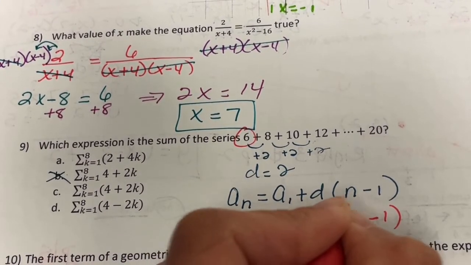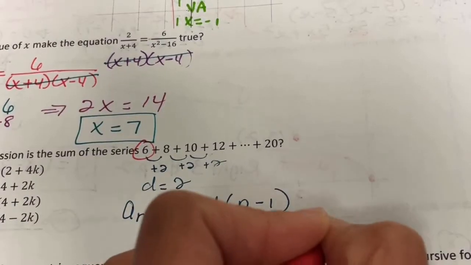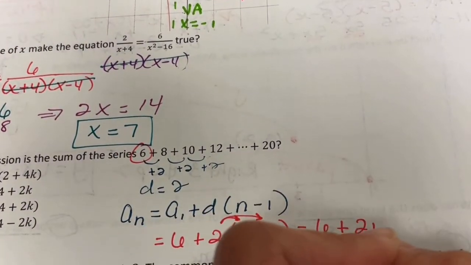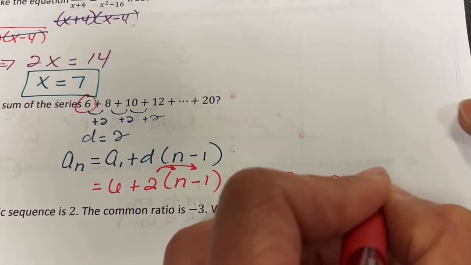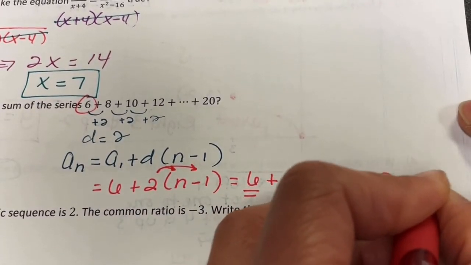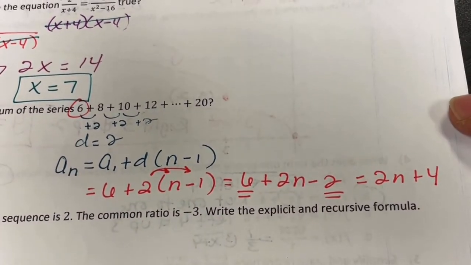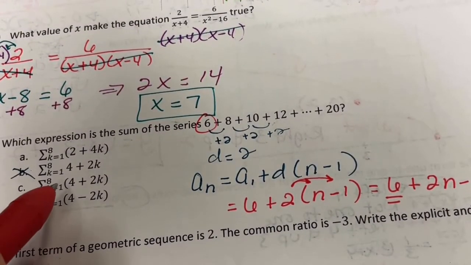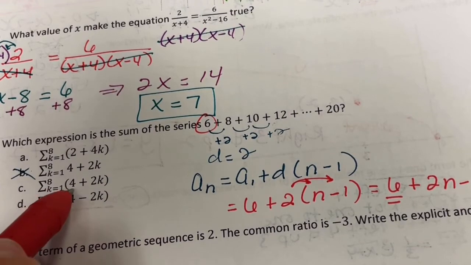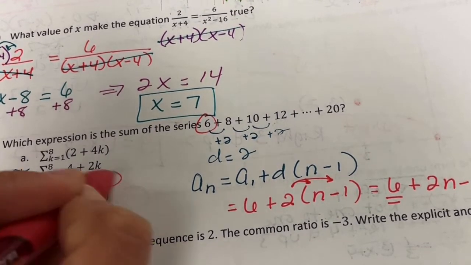We have to distribute that 2, so we're going to get 6 plus 2n minus 2. Combine like terms, and we're going to get 2n plus 4, or 4 plus 2n. In this case, they use k's, but it doesn't matter. So the 2k plus 4, this one, letter C. That was the correct answer.